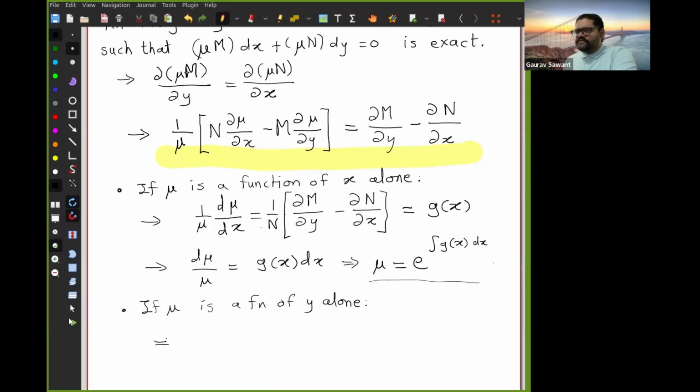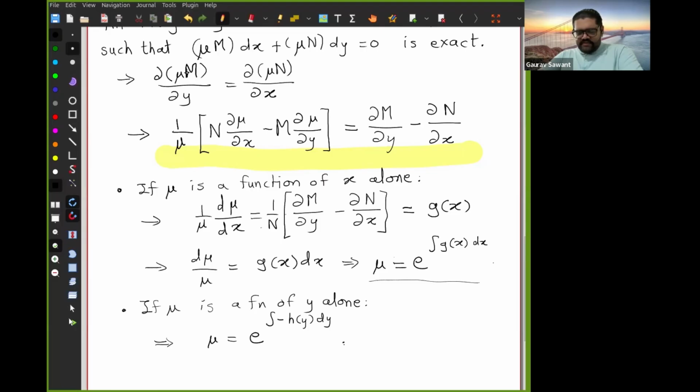And after a few steps, you would get mu equal to e power integral of h(y) dy, where minus 1 over M times del M by del y minus del N by del x will be the function h of y. And then you will have this kind of form. That minus can come out, that is fine.